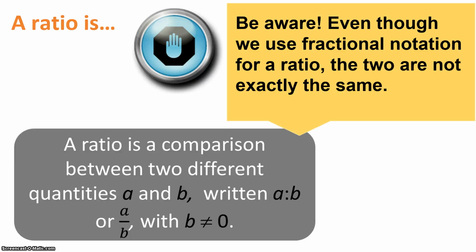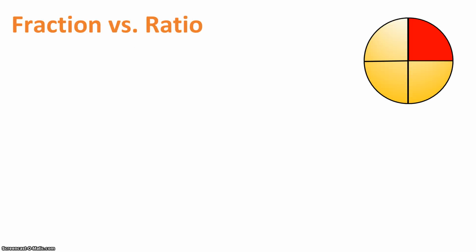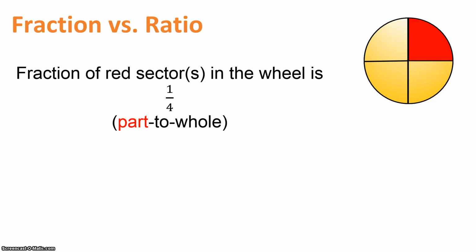Let's take a look at an example of this fact. We have a wheel with 3 yellow sectors and 1 red sector. We say that the fraction of red sectors in the wheel is 1 over 4. This is a part-to-whole relationship. We're comparing a part of the wheel, the red sectors, to the whole wheel.